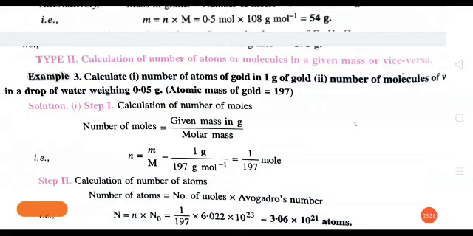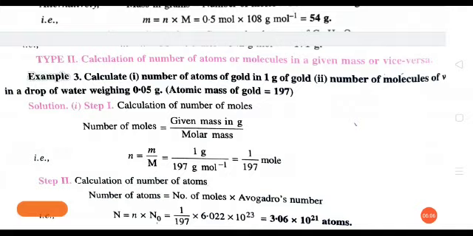The formula we will use: number of atoms is equal to number of moles into Avogadro's number. By multiplying 1 upon 197 with Avogadro number 6.022 into 10 to the power 23, we will get 3.06 into 10 to the power 21 atoms. The second one is homework for you, my dear children.